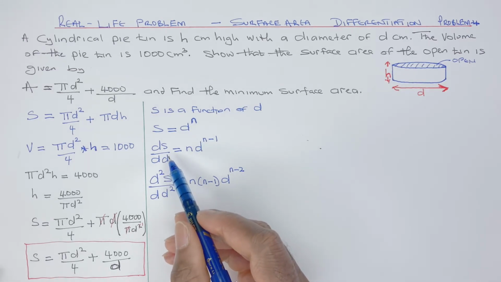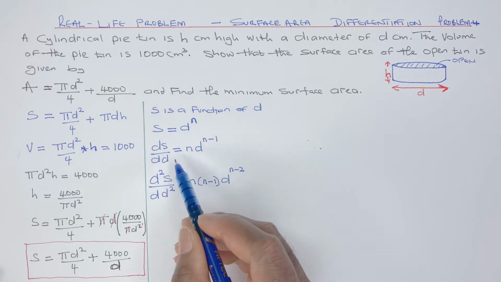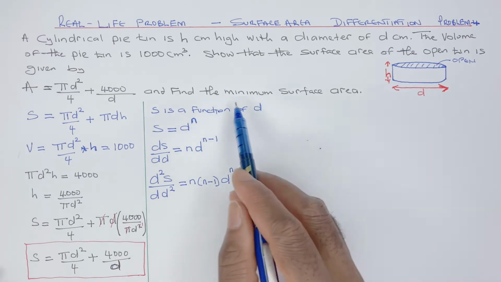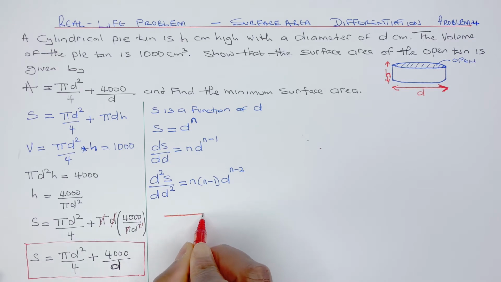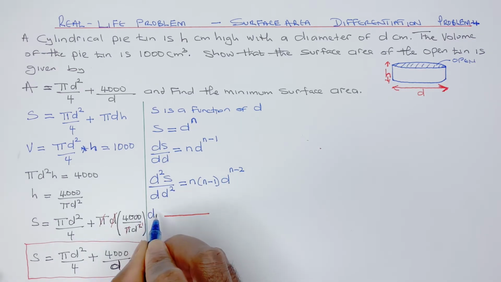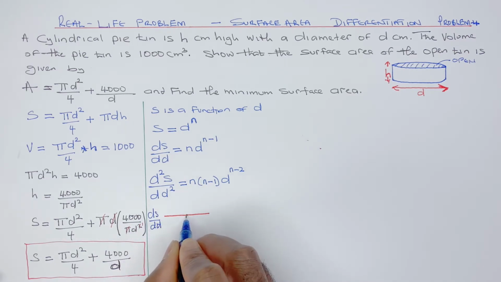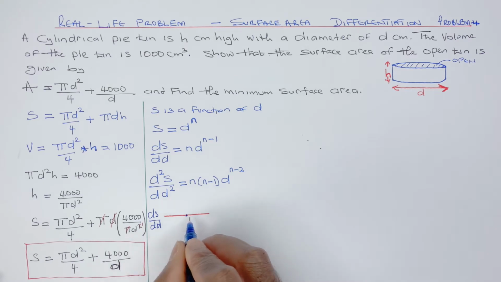We need those two in order to find the minimum surface area. If you're to find a maximum or minimum, you have to use these two. Why? Because at the top of the maximum or the bottom of the minimum, dS over dd, where d is the diameter, will be equal to 0.